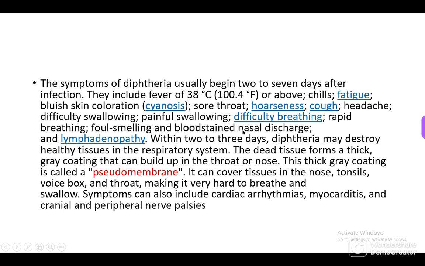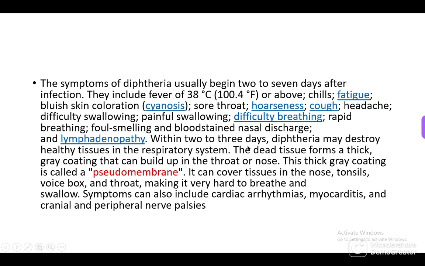So epistaxis can occur, not because of any blood disorder, but because of the localized infiltration of the diphtheria. And they will cause what is called lymphadenopathy. It is Corynebacterium lymphadenopathy. It is painful lymphadenopathy. Afterwards, if it is caused by Corynebacterium pseudotuberculosis, it can cause caseous type of lymphadenopathy. I already mentioned it previously.